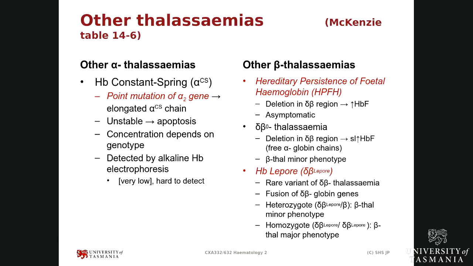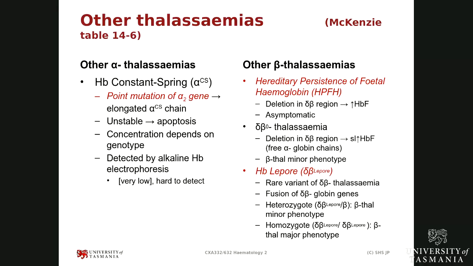It's very difficult to detect this abnormal hemoglobin, but you can do it by alkaline hemoglobin electrophoresis. The reason you need to know about hemoglobin Constant Spring too is that it's quite a common mutation in Thailand.